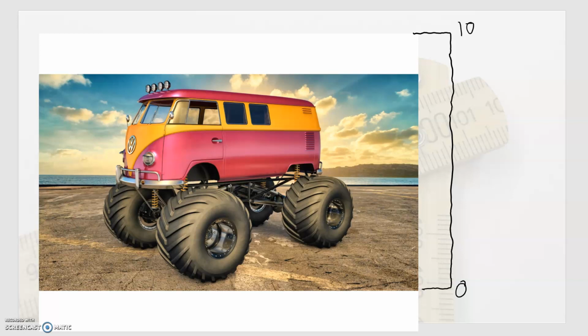If we measure to the top of it, all I know is it's above 0 and less than 10. I'm going to say that's 8 meters.